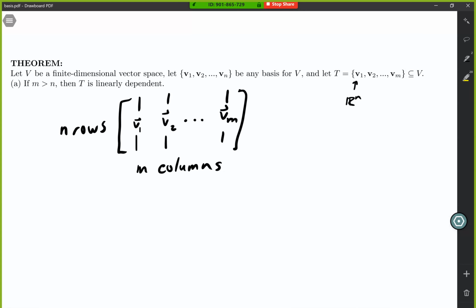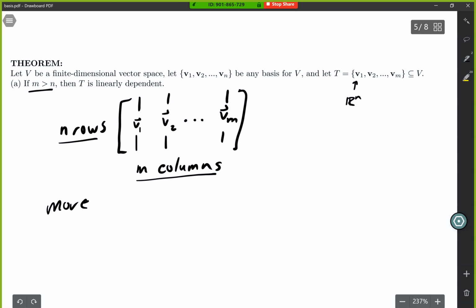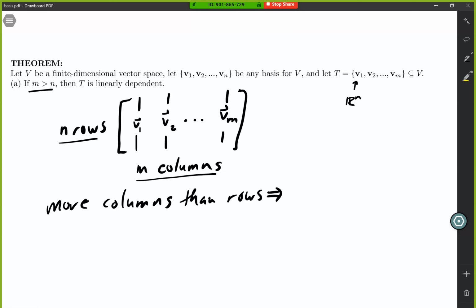So we have more columns. If we're assuming that m is greater than n, we have more columns than we have rows, right? Can we possibly get a pivot in every single column if we have more columns than rows?